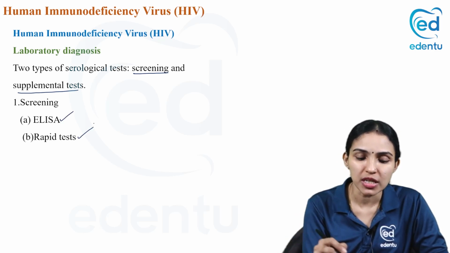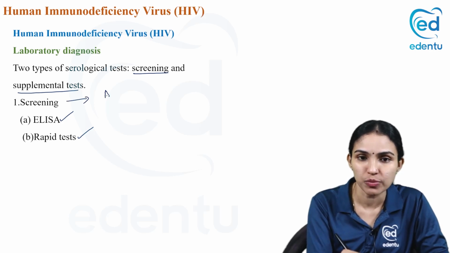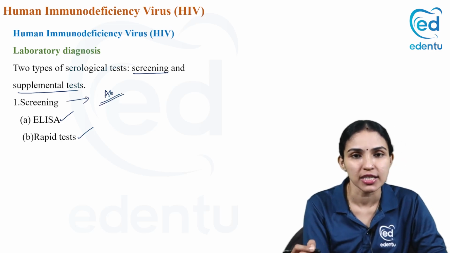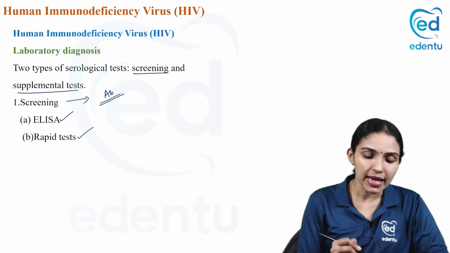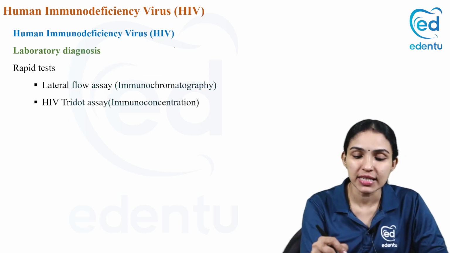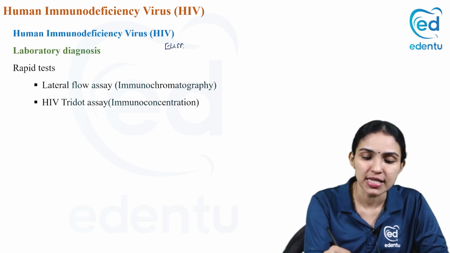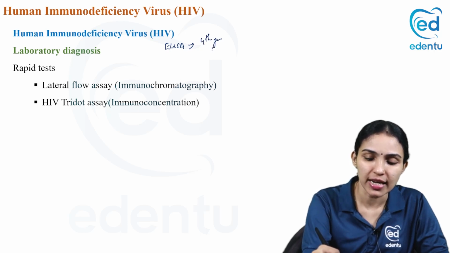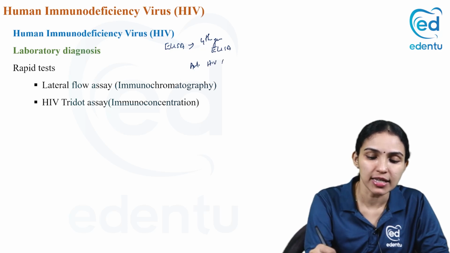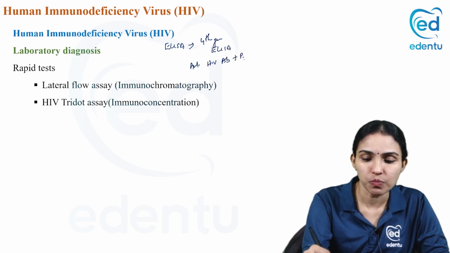What are you going to screen for? The presence of anti-HIV antibody in the patient's serum. Different generations of ELISA are now available. We have the 4th generation ELISA, which can detect the anti-HIV antibody along with P24 antigen.